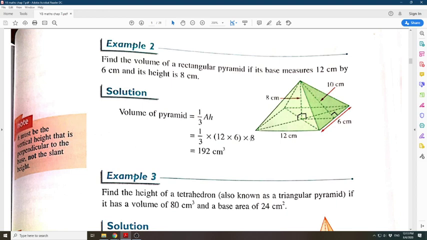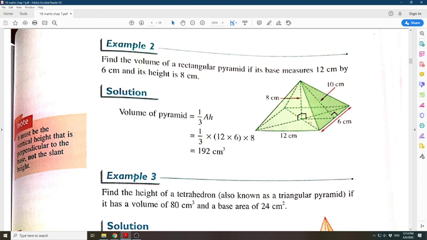Going to the examples, in this case, a rectangular pyramid, its base measures 12 cm by 6 cm. What is the base area? 12 times 6, you should get 72. Although 10 cm is given, which one should you use, 10 cm or 8 cm?